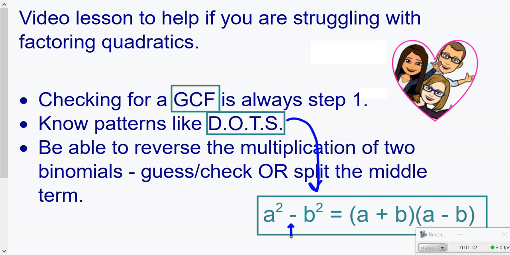It could be that they are something to the sixth power, because if I have something cubed and then squared, that's to the sixth, and this would satisfy it being a square. So it doesn't have to just be twos, just anything to the second power. If I have two things that are to the second power and they're subtracted, then you can follow that pattern in terms of factoring.